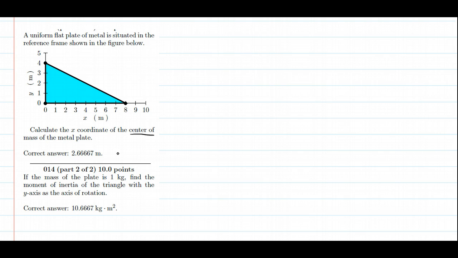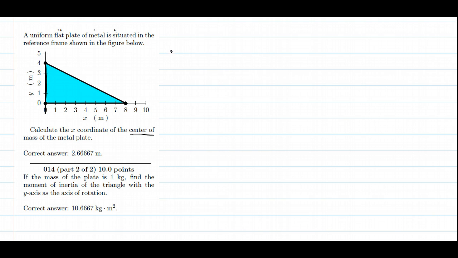Since we've already gone through several examples like this, I'm not going to go through the first part. Instead, I'm going to skip straight to the second part of the question where it says, if the mass of the object is 1 kilogram, find the moment of inertia of the triangle with the y-axis as the axis of rotation. So meaning this triangle is going to spin around the y-axis right here.